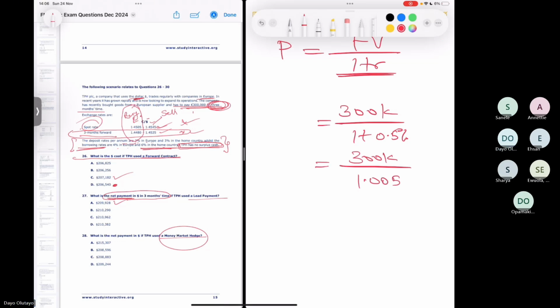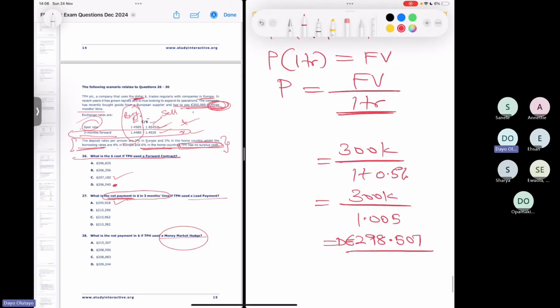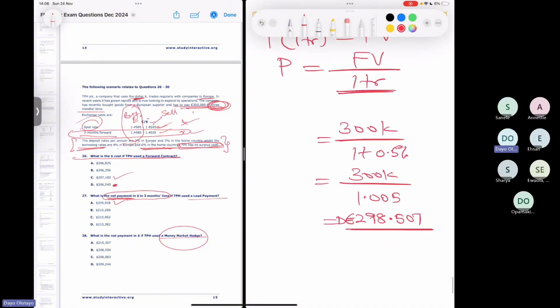Let's see what that is. That gives 298,507 euro. So what we're saying now is that if we invest this euro today, we're going to earn interest over 3 months, and after 3 months, this will become 300,000. So this is the euro that we need today.